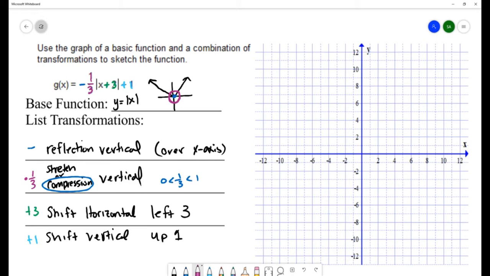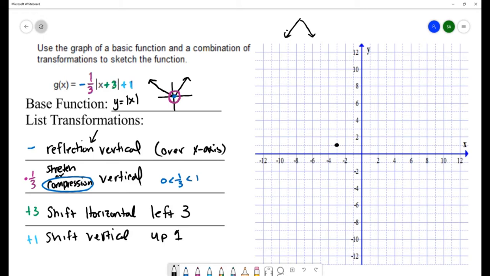So if I shift to the left 3 and up 1, my new corner will occur at the ordered pair (-3, 1). The vertical reflection means that instead of the V facing up, it's going to face down. So I know just on the side that my V will go this way.